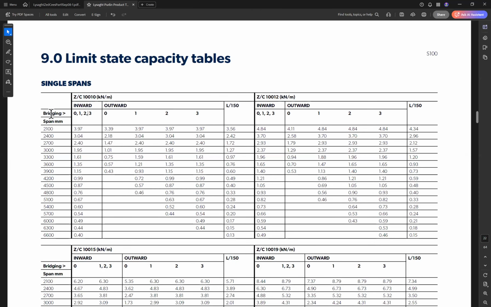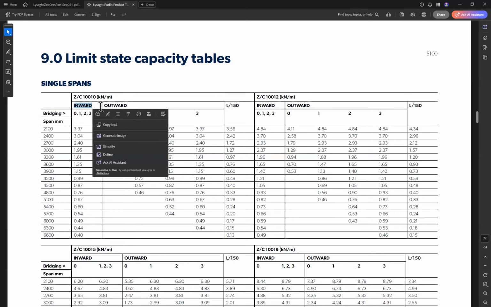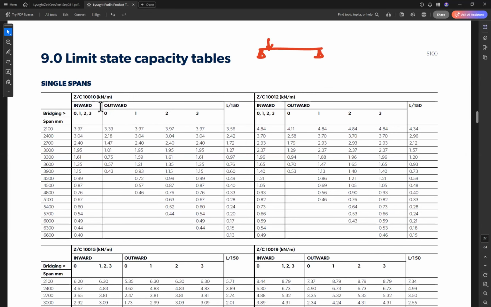So based on how many bridges, what is the bridging number, and the span of the purlin, it can give you the maximum inward or outward load. So inward means loads downward, because this is what you will need to do in your report. So you calculate the wind uplift and or inward and upward or outward.